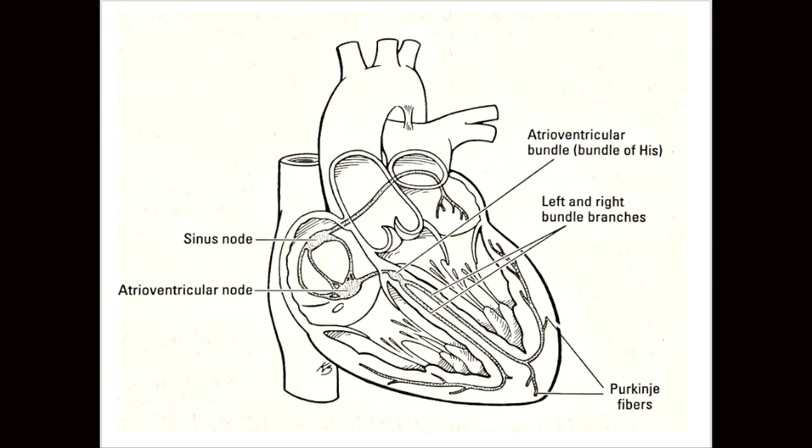In this small knot, the pacemaker cells look like cardiac muscle cells, but they have lost the ability to contract. The SA node cells initiate the electrical impulse that generates the heartbeat.